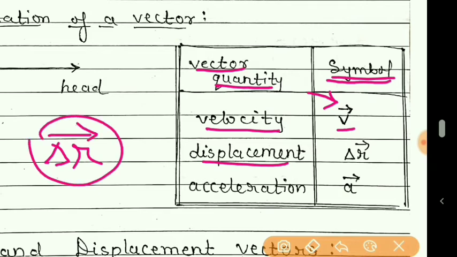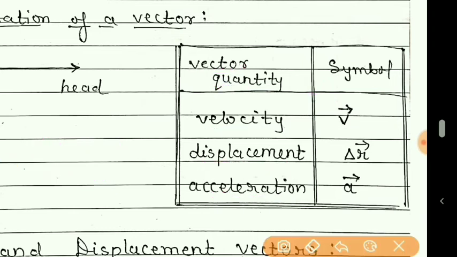So this is displacement. Acceleration: in our earlier chapter, chapter number 3, we simply used a because it was one-dimensional motion. So we used a negative or positive sign for acceleration to show the direction. But now here a vector sign is used on the symbol a.